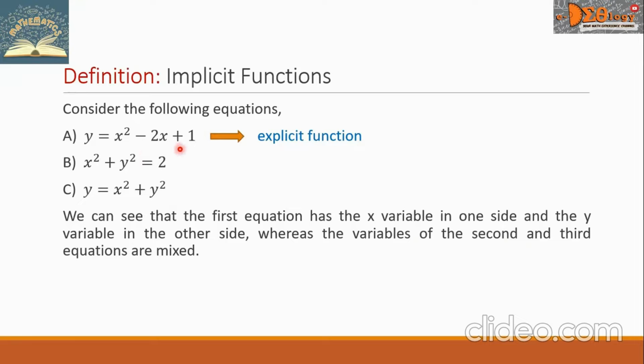The first equation here is called an explicit function, while the two other functions are called implicit functions. From the beginning, we learned how to take the derivative of an explicit function. In this video, we will study how to take the derivative of implicit functions.